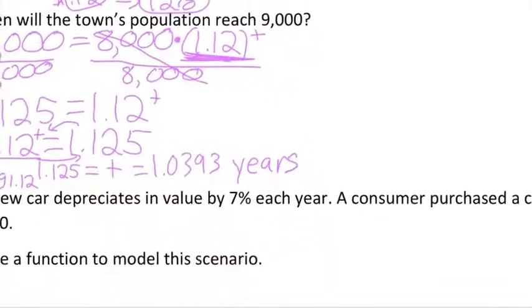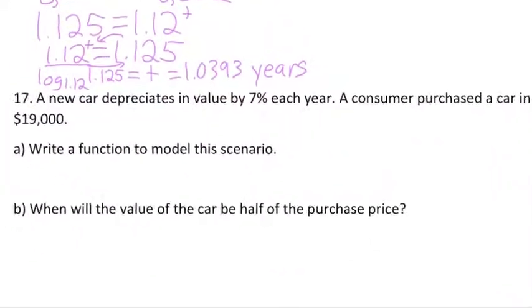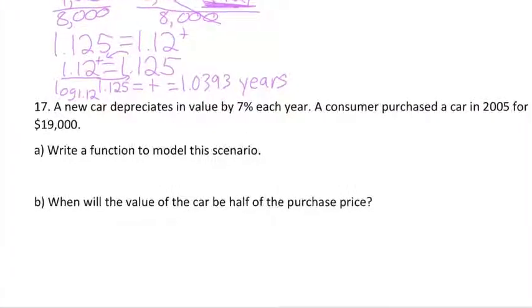Then lastly, 17 is the only one we're having to create our own equation. It's not given for us. So we first have to acknowledge that this word depreciates means decay. So we're going to have to be going decay. Our 7% is what's given, and it's going to be our rate, not our factor.